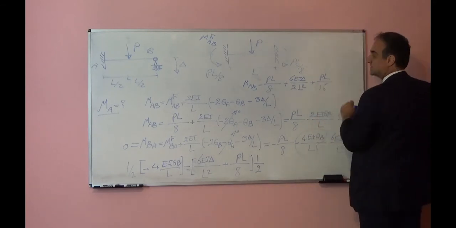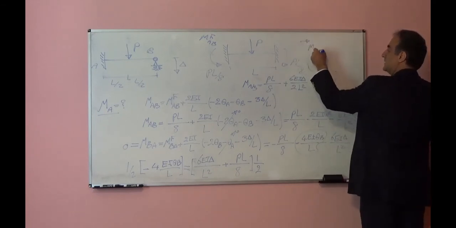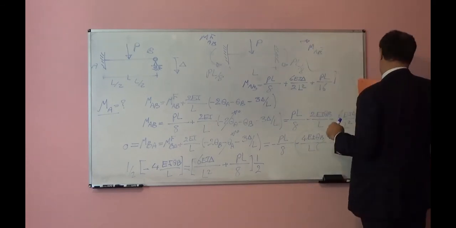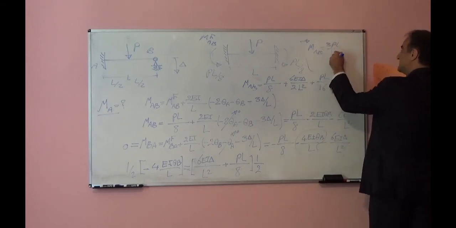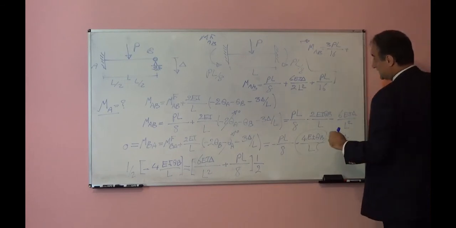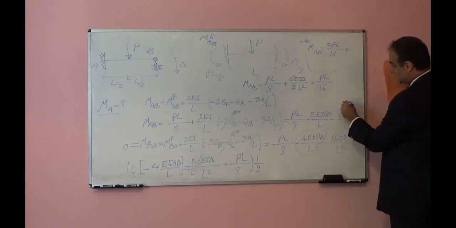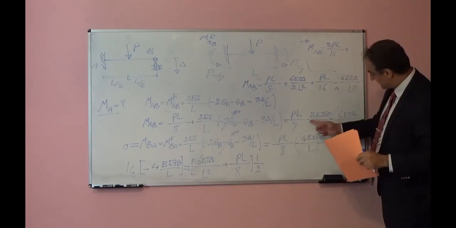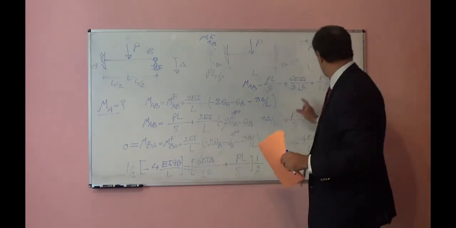From here, I can find MAB will be equal to PL over 8 plus PL over 16, which is 3PL over 16, plus, sorry, I dropped this term here, I should write this here, minus 6EI delta over L squared, because instead of minus 2EI theta B over L, I plug this one.